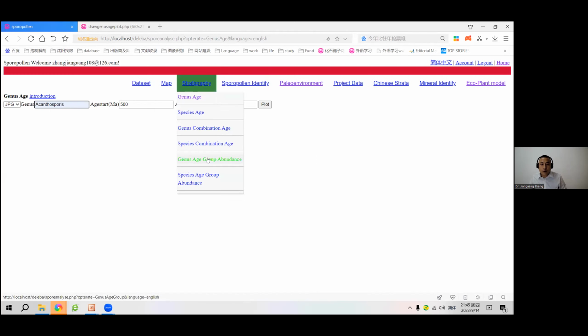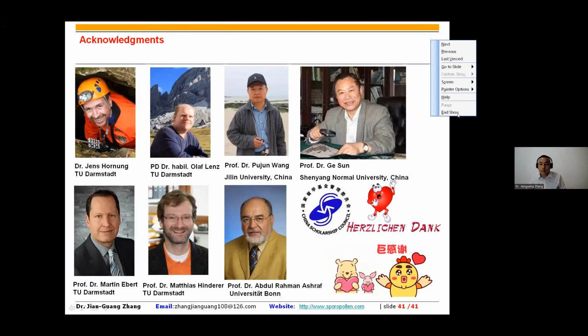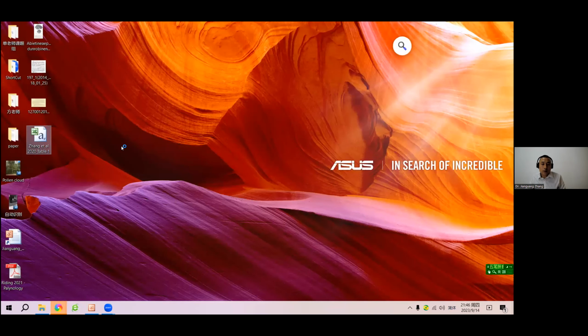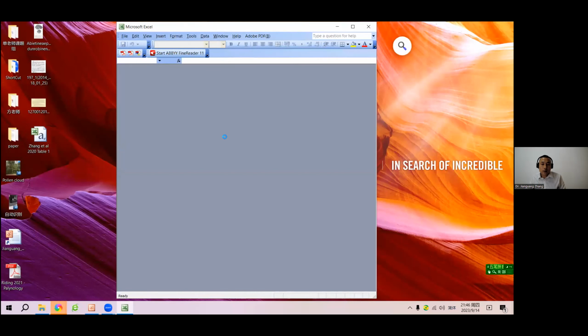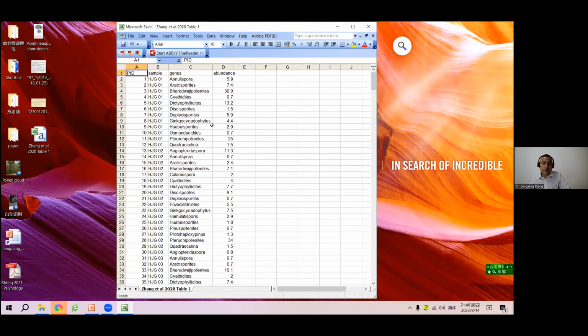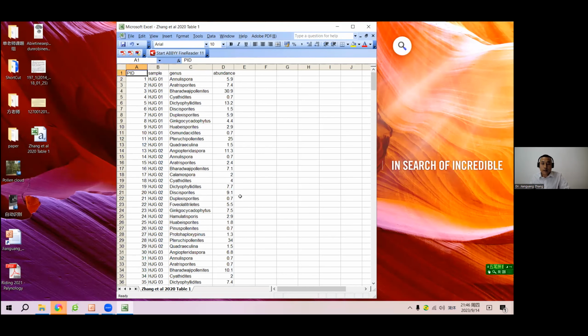And also for the group analysis, if you have more than one species, for example, this data, there are around 400 data in a data set.